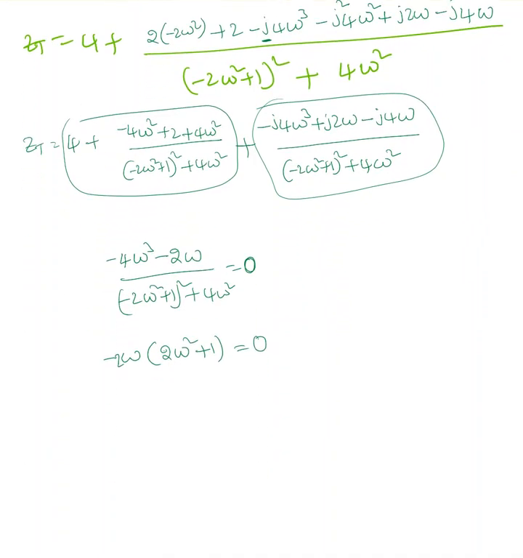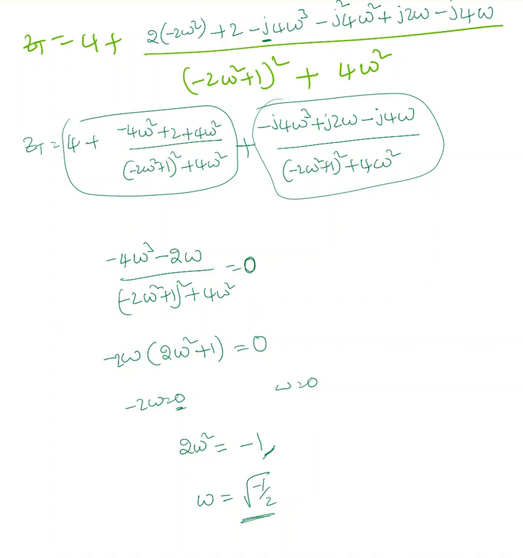Okay, so minus 2 omega must be equal to 0, so omega could be 0. Another one is 2 omega squared equal to minus 1, so omega equals the square root of negative 1 over 2, that's imaginary. Okay, so omega, which is angular frequency, will not have an imaginary part.